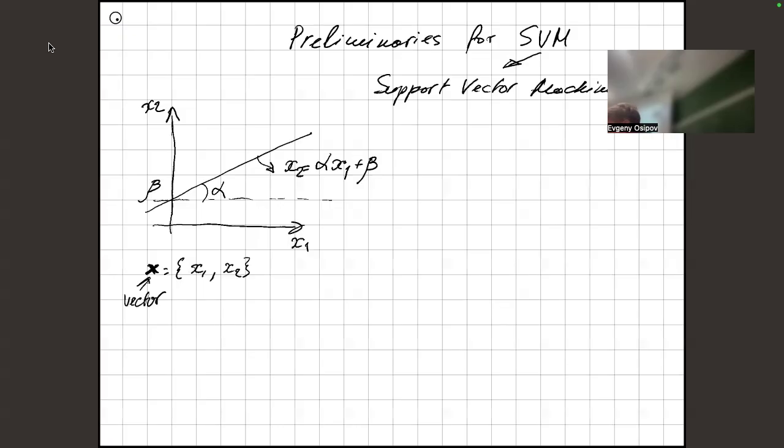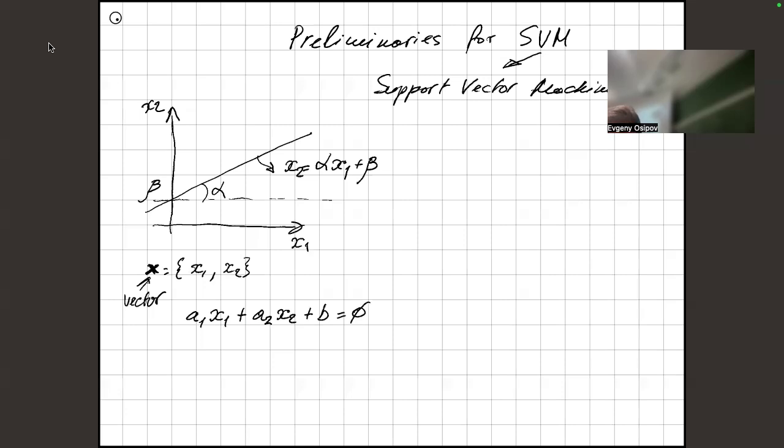But more than that, you can write a parametric form for a line equation, which in general is a1, the coefficient 1, x1 plus a2 x2 plus some b equals 0. So far, so good, right? So this is a line equation.